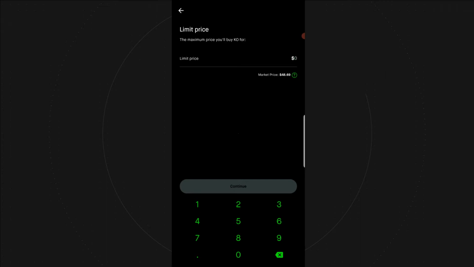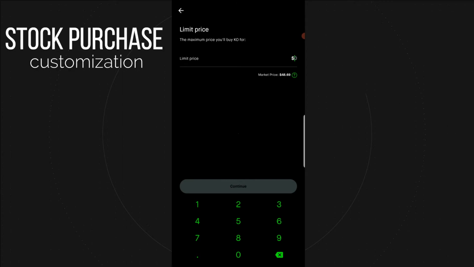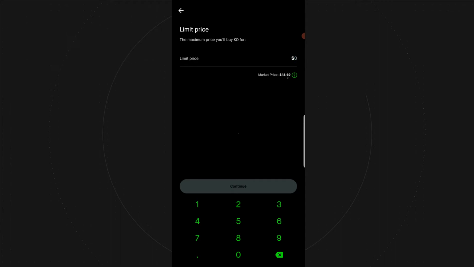But you can set a limit price. Basically, it's the maximum price that you are going to buy it for. So if I wanted to say, well, tomorrow Coca-Cola might go lower than this $48.69, it might go to $47.50, you could put in $47.50, and if it went to that price or lower, your order would then be fulfilled, and you would be buying the stock for that price that you set.